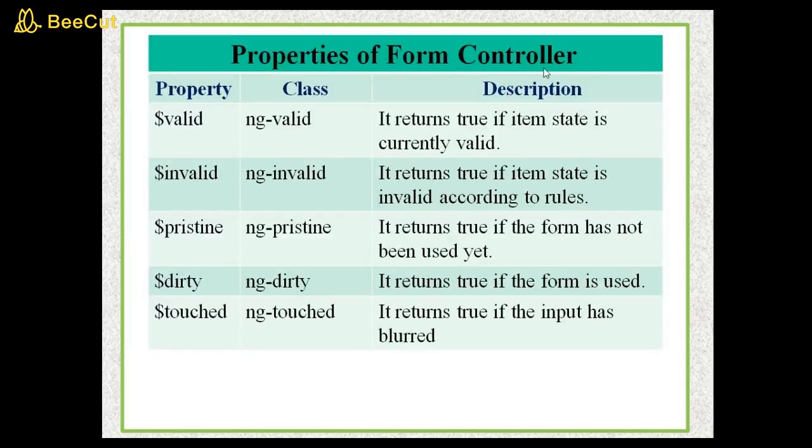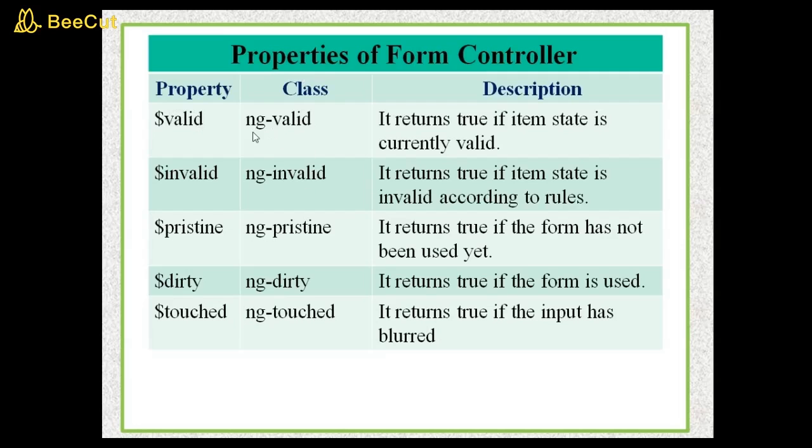Properties of form controller: $valid, $invalid, $pristine, $dirty, $touched. These are the properties. See, ng-valid, ng-invalid, ng-pristine, ng-dirty and ng-touched. These are the classes.